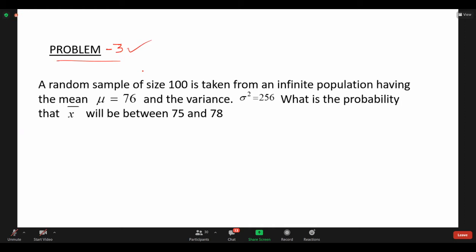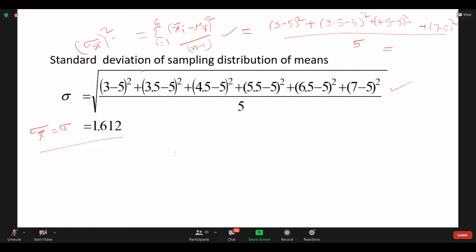Yeah, you can use that formula. Somebody is asking a doubt, Anil. Yeah, we'll show that one. When will we use that formula? If the population standard deviation is known, this one is known.